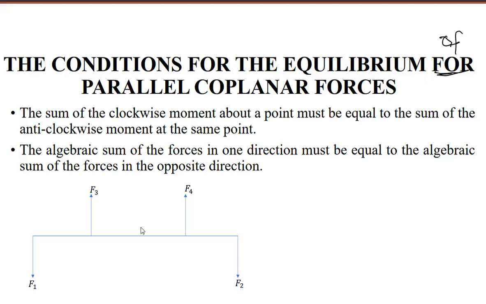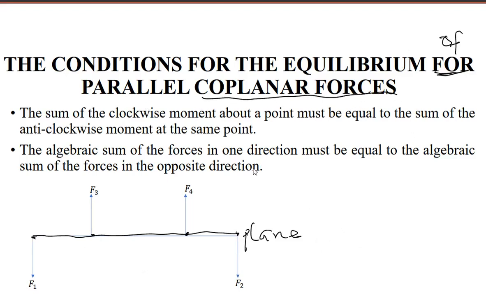Now, what are parallel coplanar forces? If you look at this diagram, this plane is what we call, in this case, the plane. Now, all the forces lie on the plane. The forces F1, F2, F3, F4 lie on the plane. So those forces are called coplanar forces because they are on the same what?